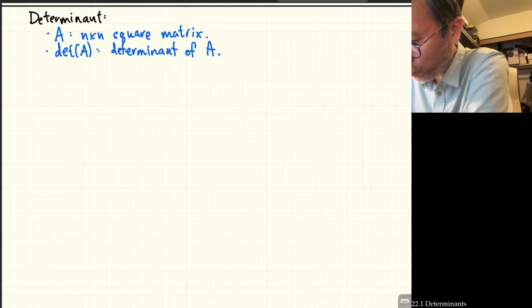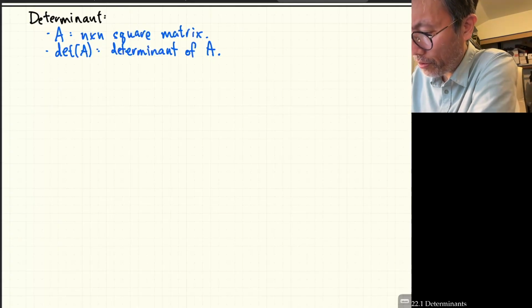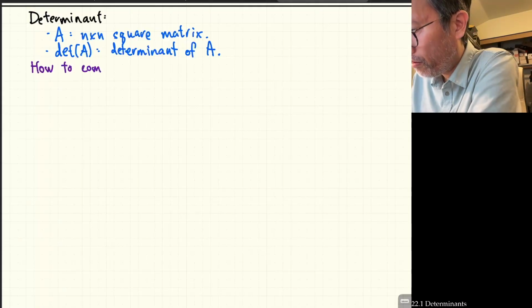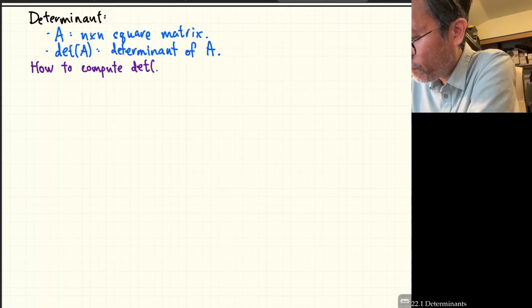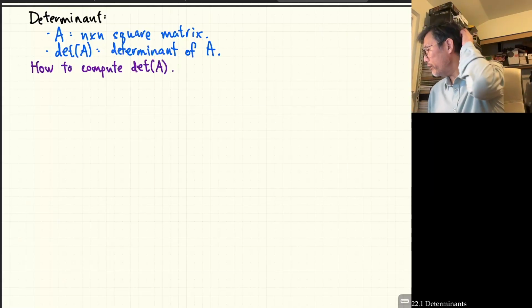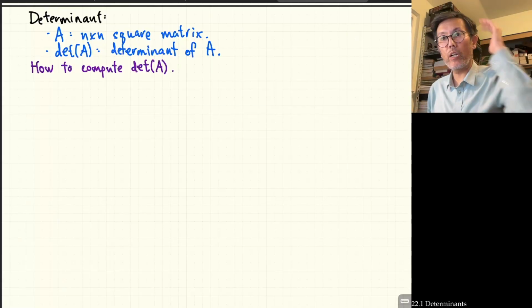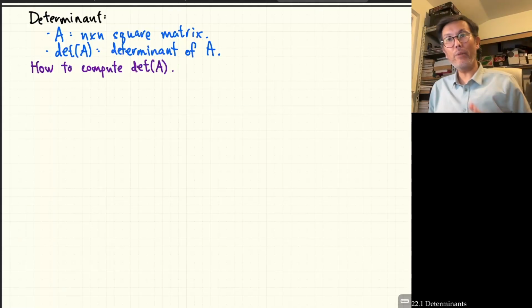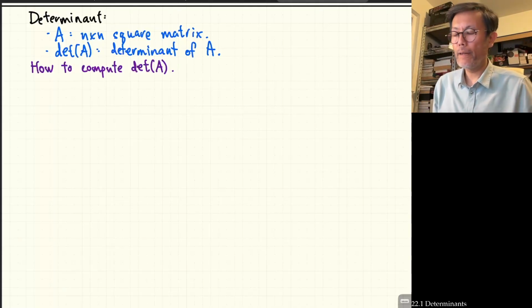Okay, so how does this work? So how to compute the determinant of A? Well, what I'll do is just describe with increasing complexity how to compute the determinant.